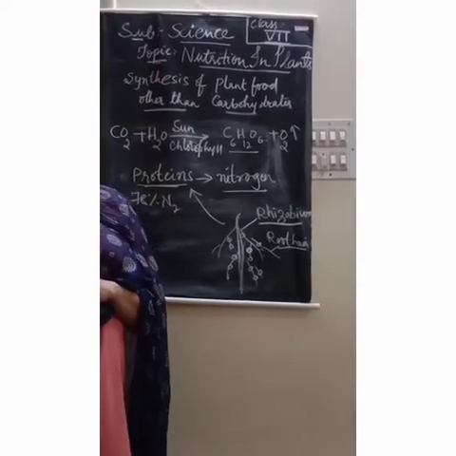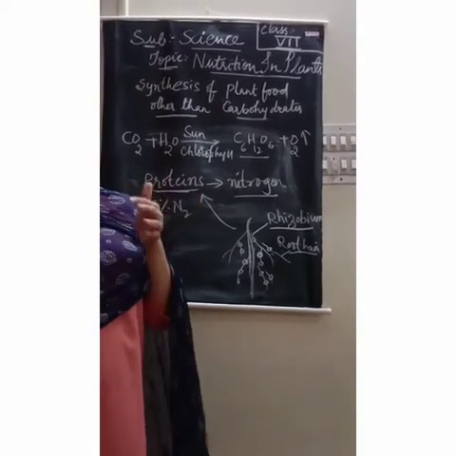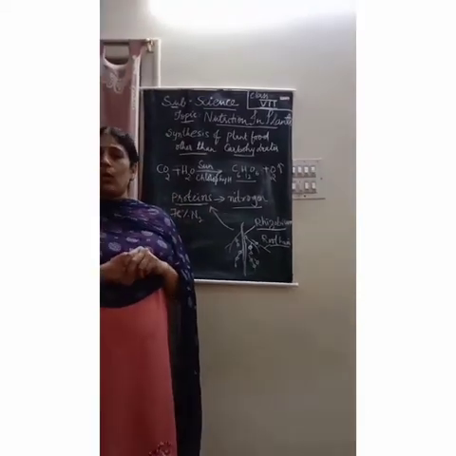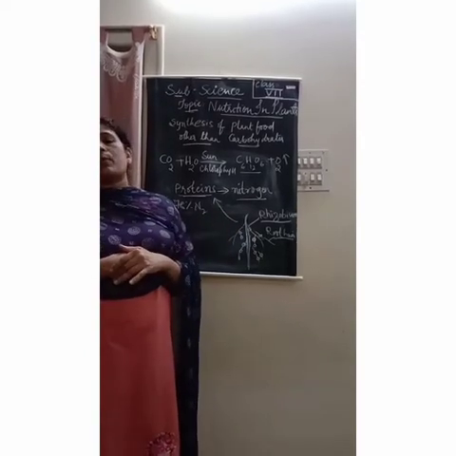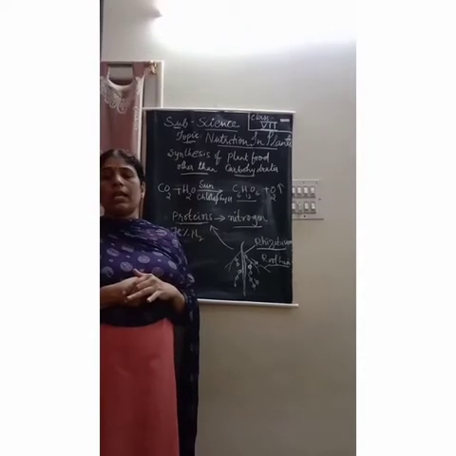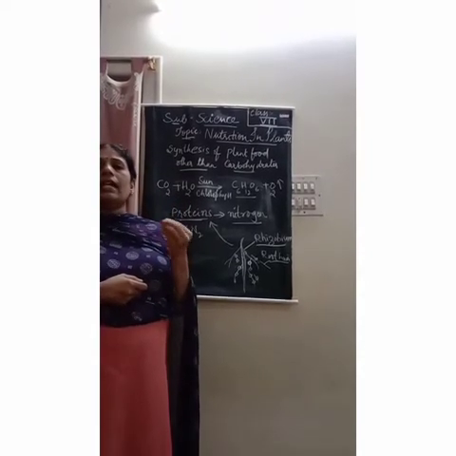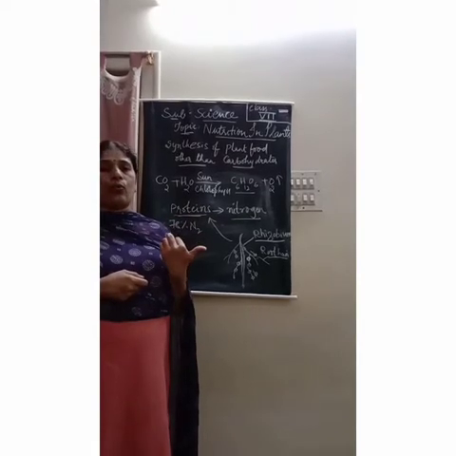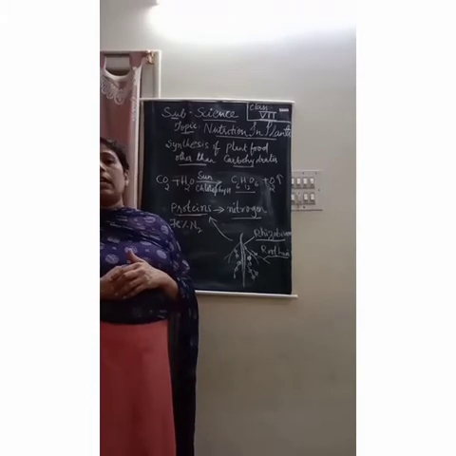You are thinking plants are autotrophs, but a few plants are not able to prepare their own food. Then what about them, ma'am? They belong to heterotrophs. Some plants also belong to heterotrophs, children. Few plants cannot prepare their own food. Then what do we call such a type of nutrition, ma'am?